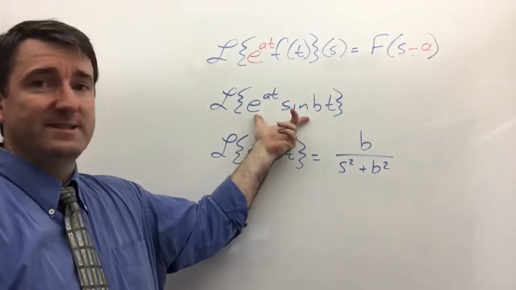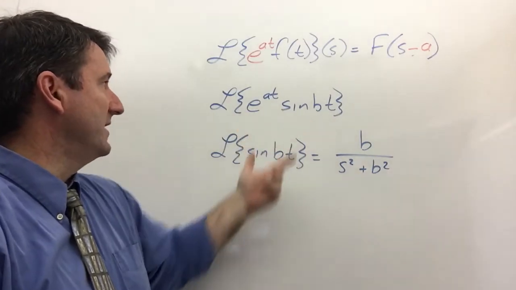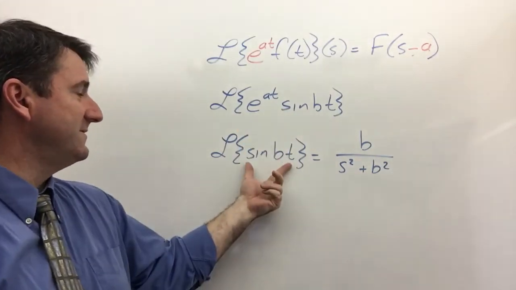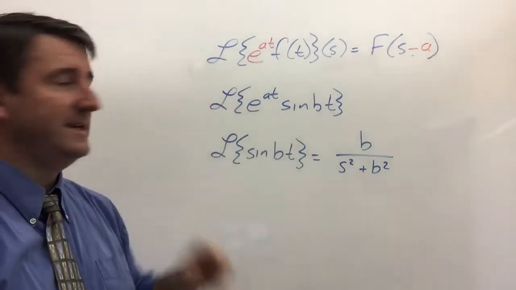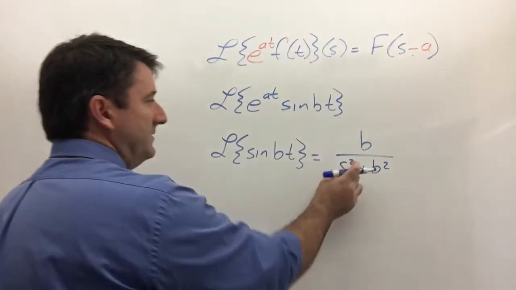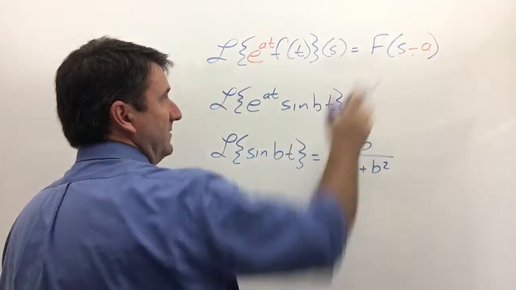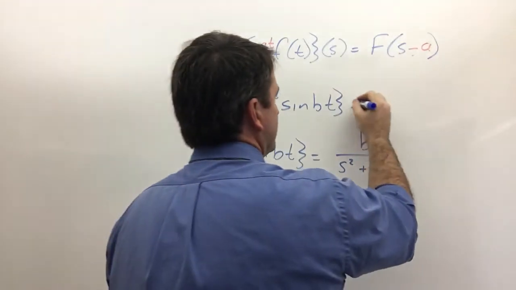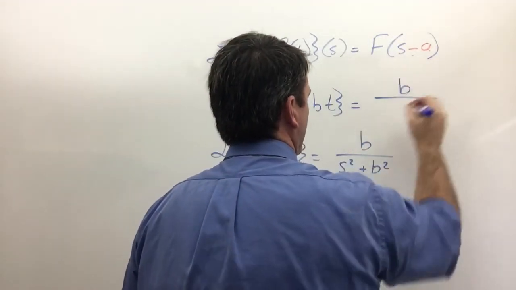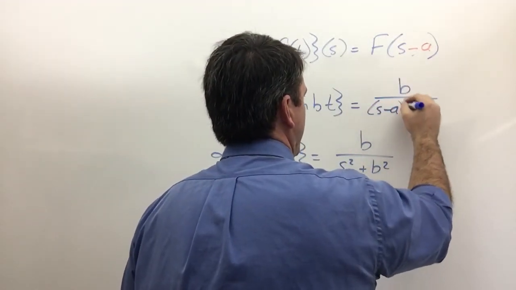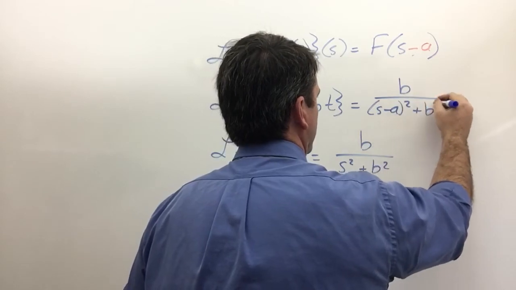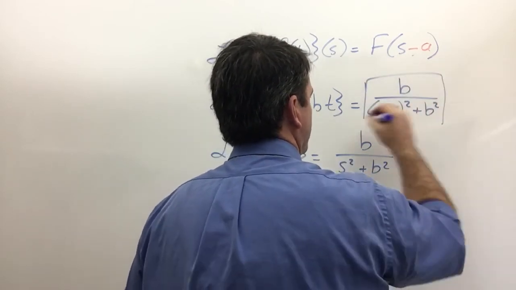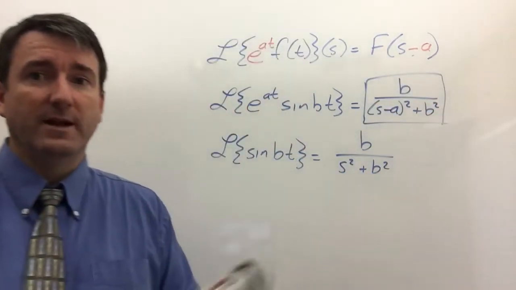So since we're trying to find the Laplace transform of this function times e to the at, all we have to do is replace this s with s minus a. So this is going to be equal to b over (s minus a) squared plus b squared. That's our answer right there.